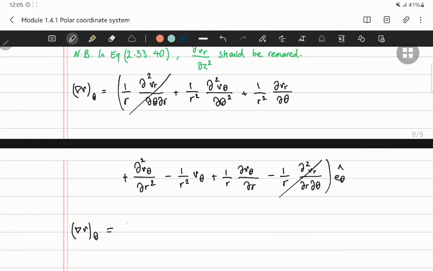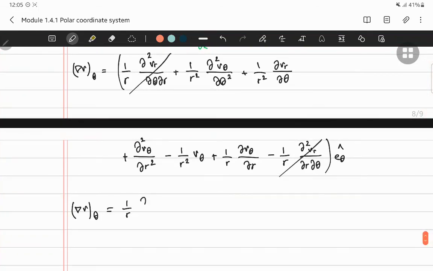So I have 1 divided by r, second partial derivative of v theta with respect to theta, plus 1 divided by r squared, partial derivative of Vr with respect to theta.